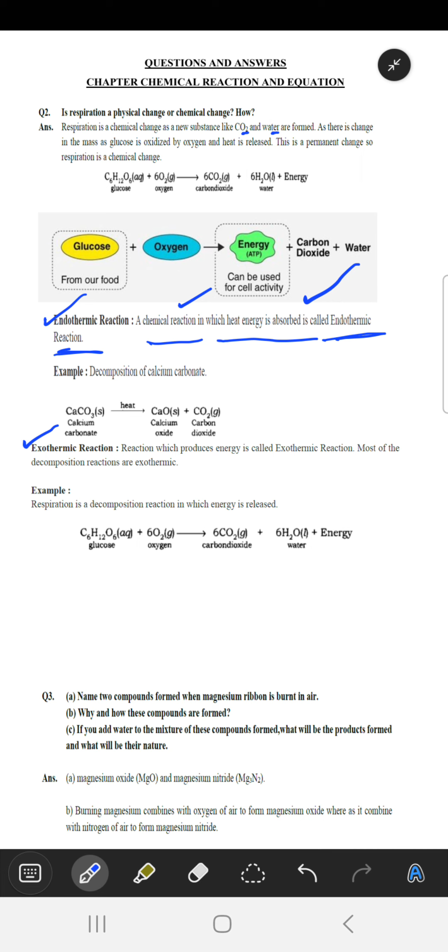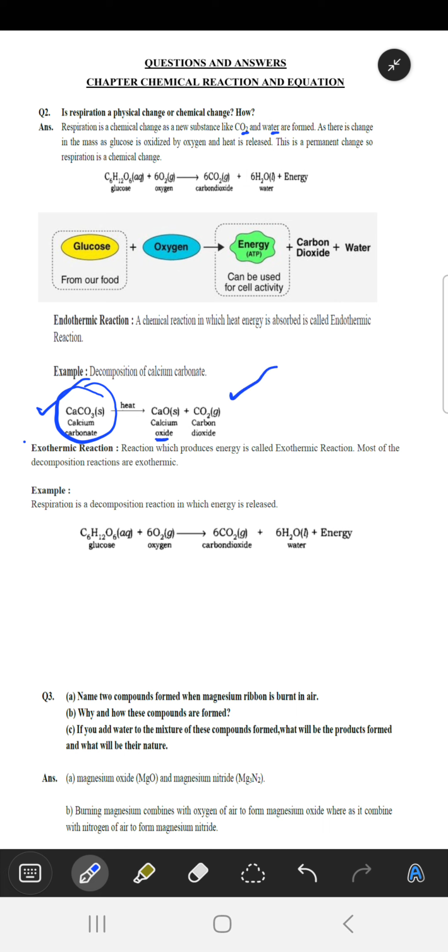For example, when calcium carbonate is heated, we get calcium oxide and carbon dioxide. So the calcium carbonate absorbs heat and splits into calcium oxide and carbon dioxide.